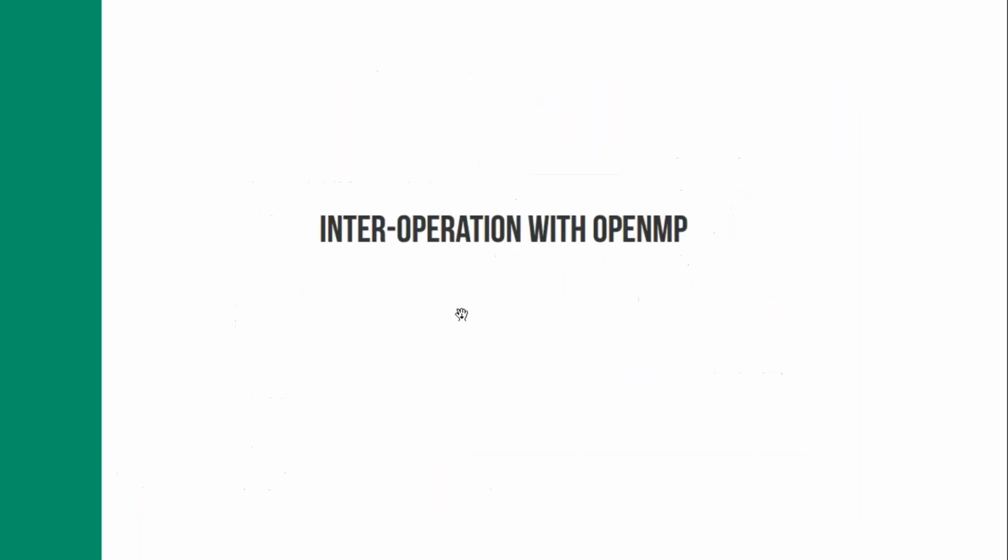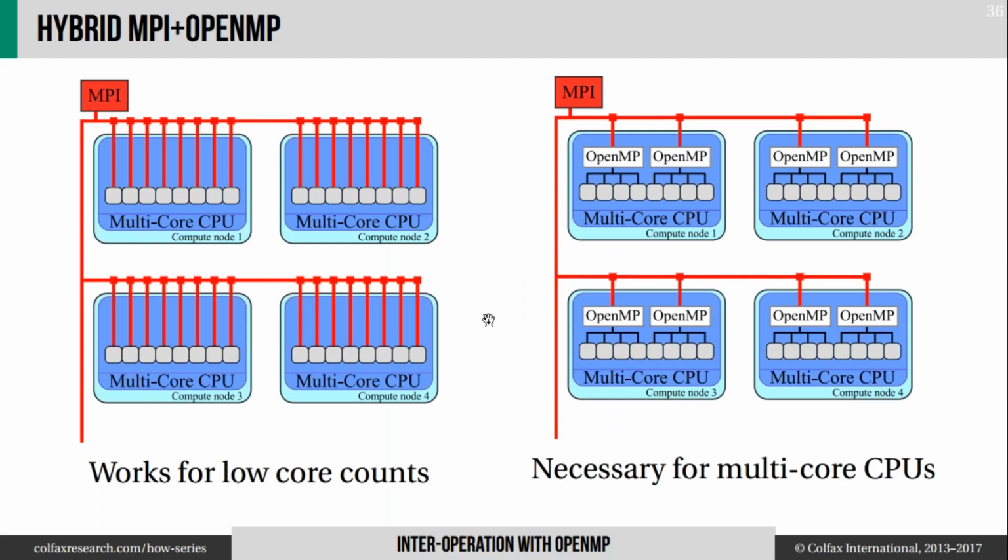While we're talking about it, particularly in the context of multi-core architectures, I want to say a few words about the interoperation between MPI and OpenMP. MPI is older than OpenMP. MPI was developed when computers only had one core. It wasn't even called a core, it was just called the CPU.